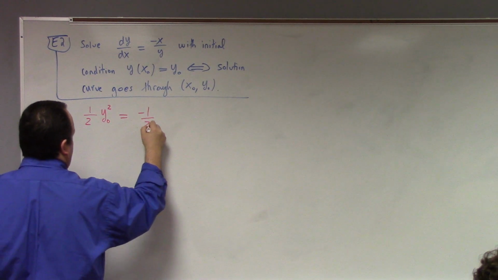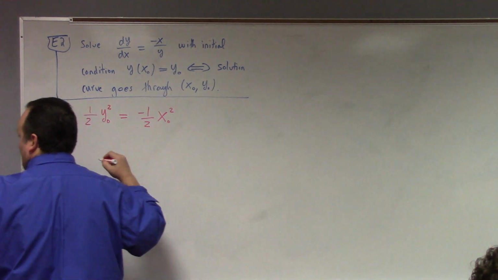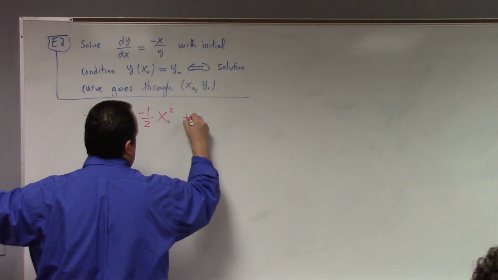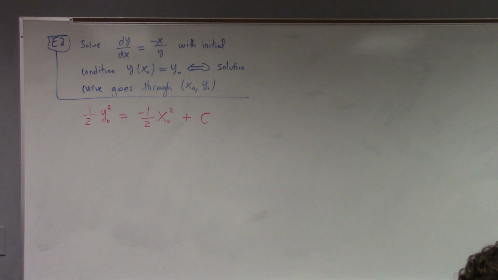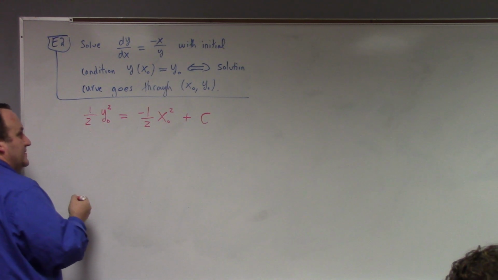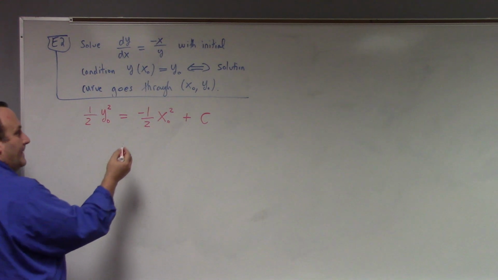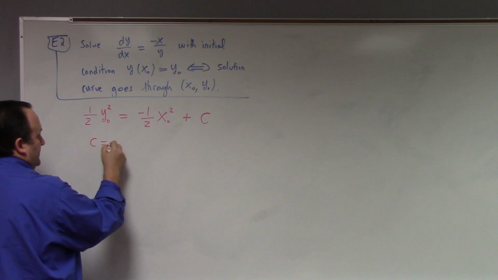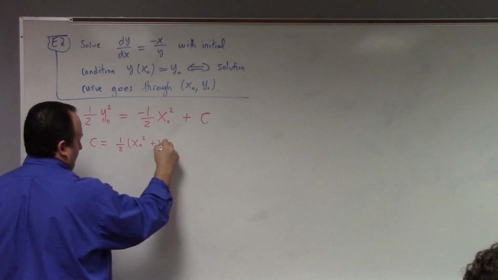Minus 1/2 x naught squared plus that constant. Now we didn't know what the constant is, but now we know what it is. What is it? Not 0. I didn't say x naught is equal to y naught. So c would be equal to 1/2 x naught squared plus y naught squared.